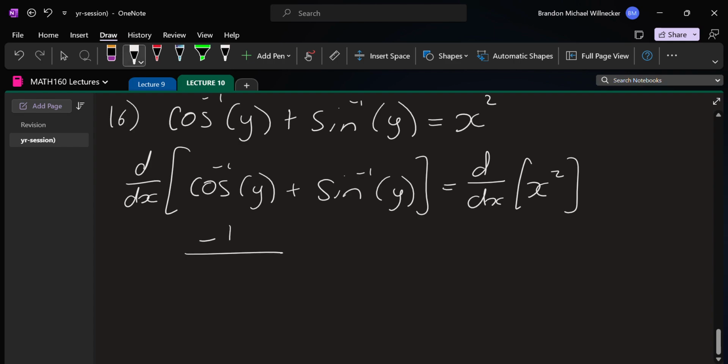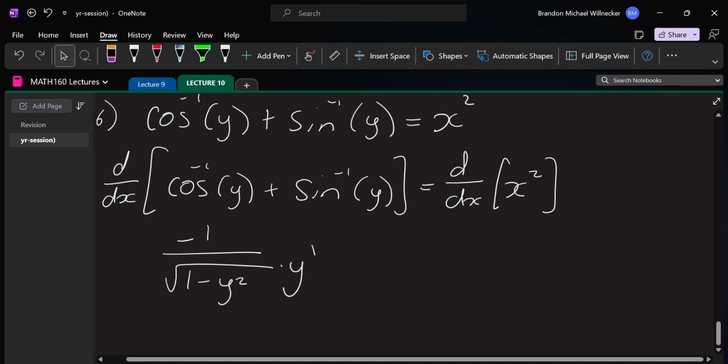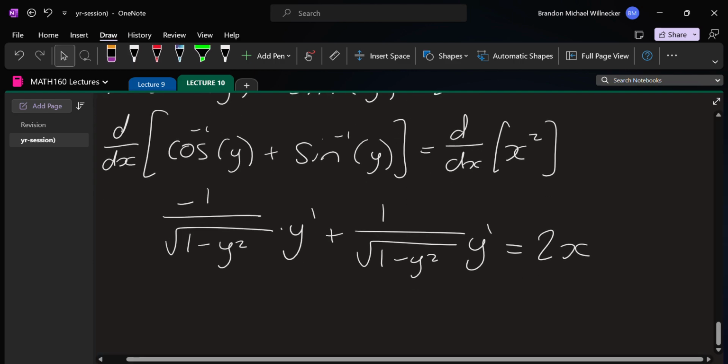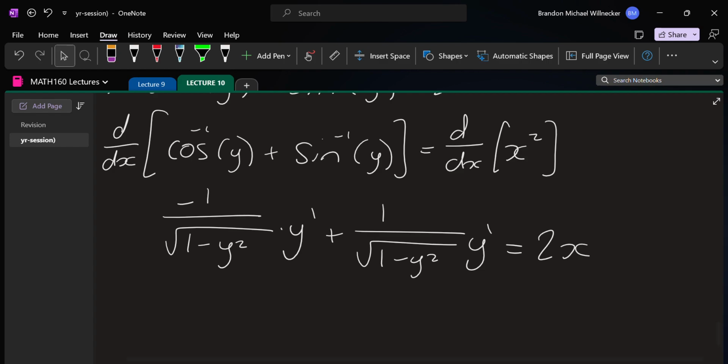The derivative of cos inverse y is going to be minus 1 over root 1 minus y squared times y prime. Plus, the derivative of sine inverse is going to be 1 over root 1 minus y squared times y prime. And here we get 2x.